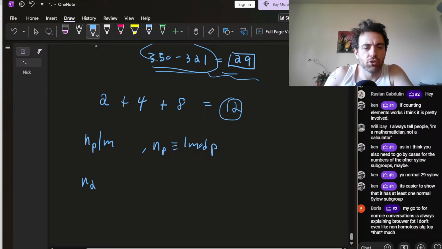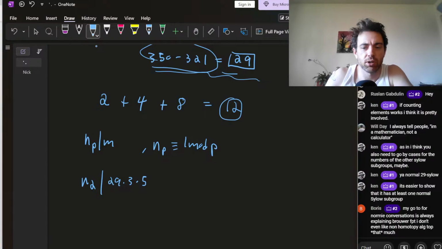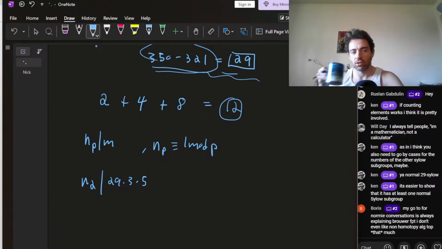So N2 rather has to divide 29 times 3 times 5, and it has to be congruent to 1 mod P. Okay, so in this case, all that tells us is that it's odd.